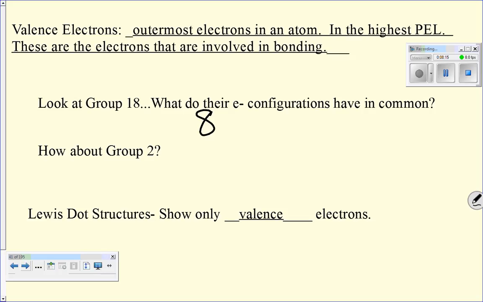It's actually kind of a cool number in music, too, if you think about octaves being every 8 notes. Everybody in group 18 has 8 valence electrons. And that actually is kind of why we call them noble gases and contributes to their behavior. If you look at group 2, everybody's got 2 valence electrons. A lot of the groups show these properties. It's a little bit weird in the middle of the periodic table, but your groups on the edges tend to show those similarities.